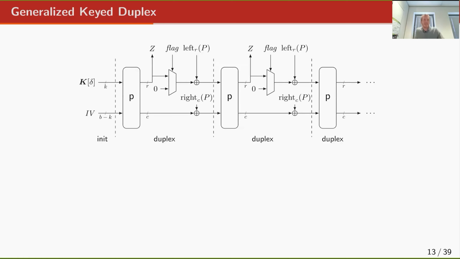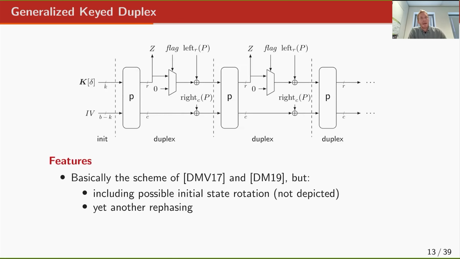So you have an initialization which just initializes the state, nothing more. You have a duplex that consists of permute, squeeze, absorb, nothing more. And that's it. And the scheme that we know today is now basically the scheme of Daemen et al. 2017 and Dobraunig and me 2019. But then also, actually, the initial state could be rotated.